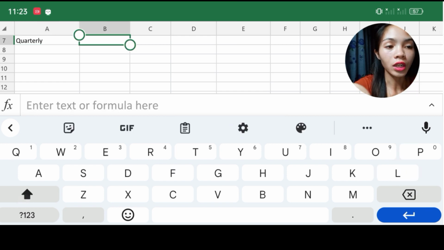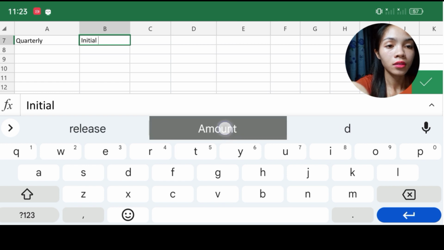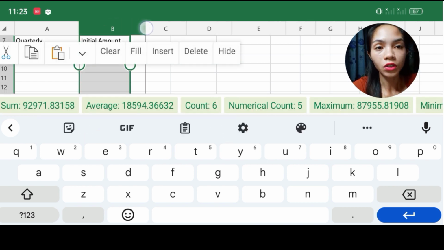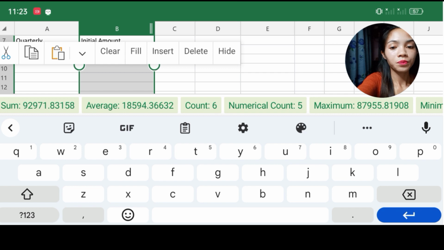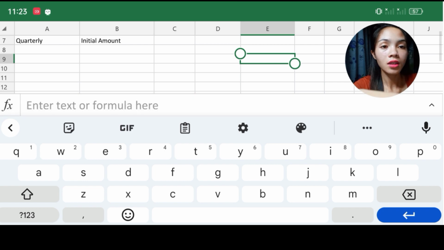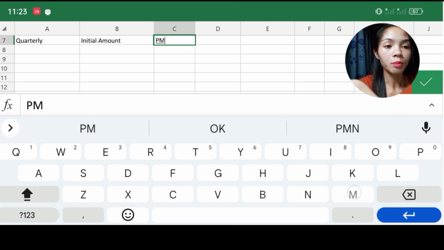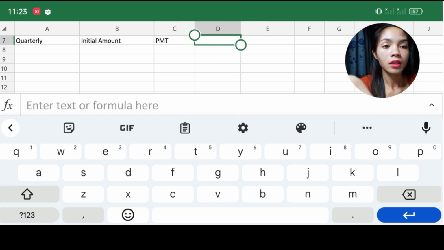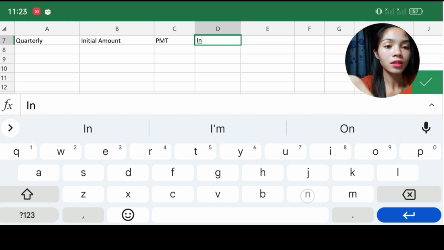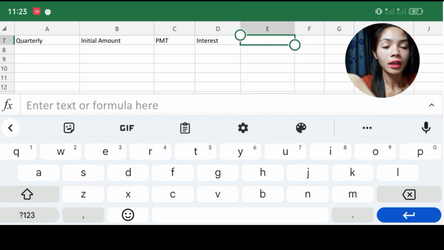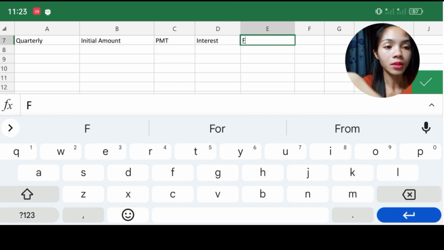Next is the initial amount, next is our PMT, or the payment. Next is the interest, and last is the final amount.